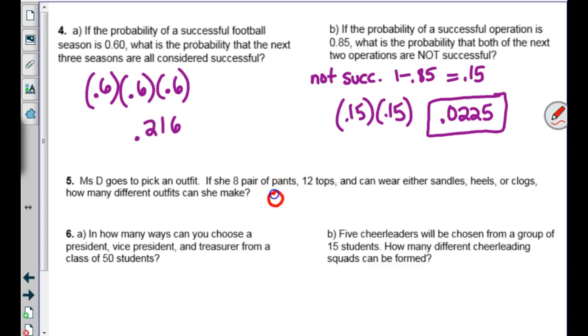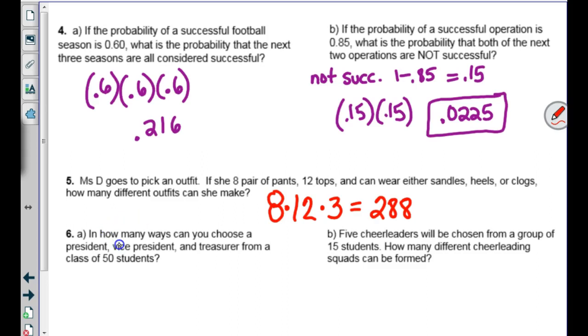If she has 8 pair of pants that she can mix with 12 tops, and then she has 3 choices for shoes, right? So 288 maybe? Somebody check me on that one. So it's just the number of ways each separate category could happen. Does that make sense? Because an outfit had to have pants, top, and shoes.